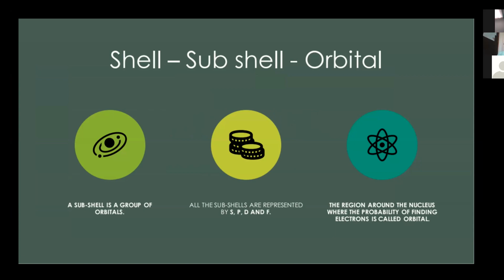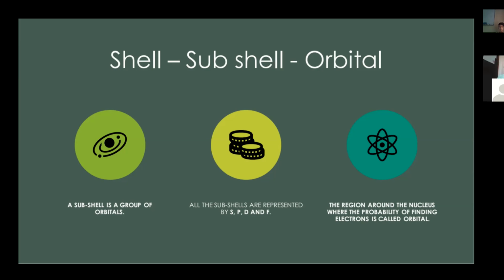A cell is the region around the nucleus where the electrons are revolving, and inside the cell there are small regions, each a group of orbitals, and that is called a subcell. Orbitals are the smallest regions where the probability of finding electrons is maximum. That means the real region around the nucleus where the electrons are found is the orbital.